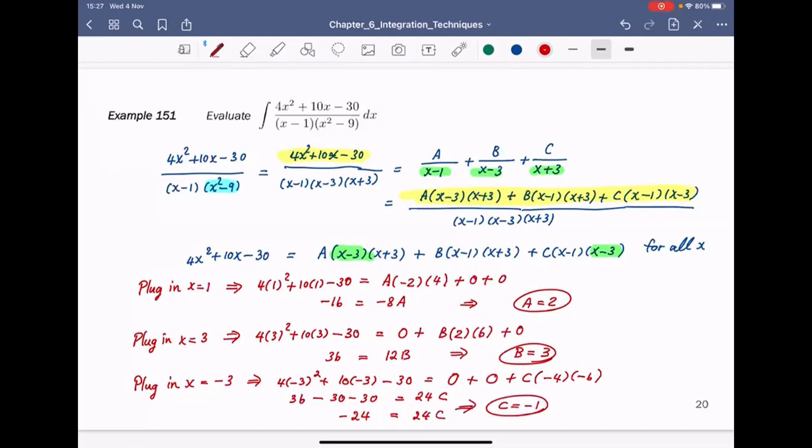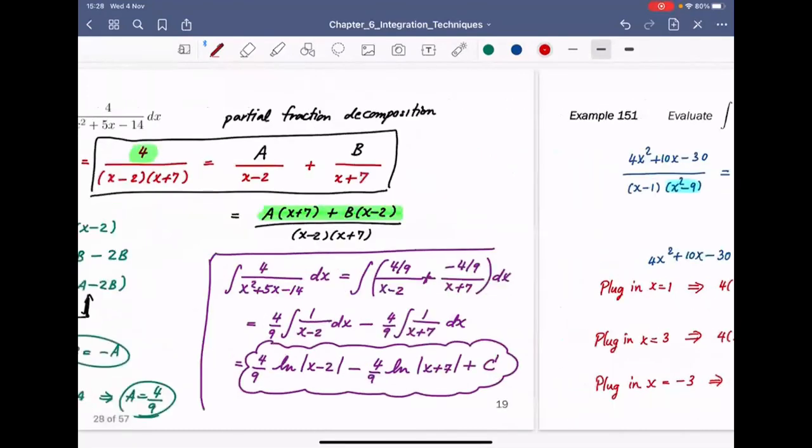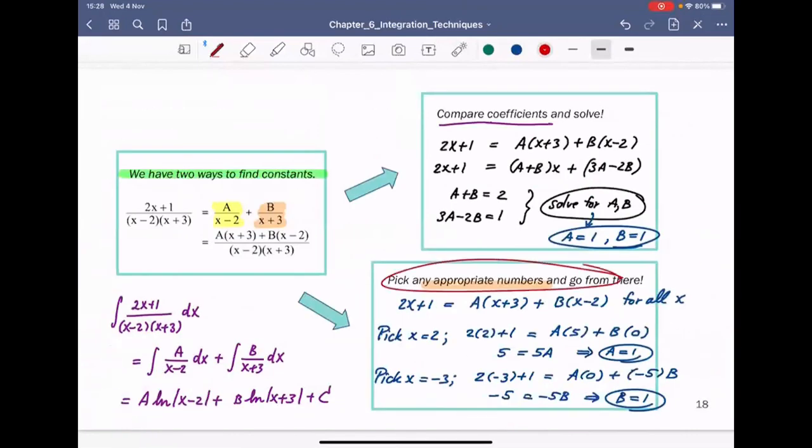You can see that this is pretty simple compared to expanding it and then comparing coefficients, because you're going to have 3 equations and then you have to solve a, b, c from those 3 equations. Pick the one you want, but usually I like the second way better because it's a lot easier in my opinion.